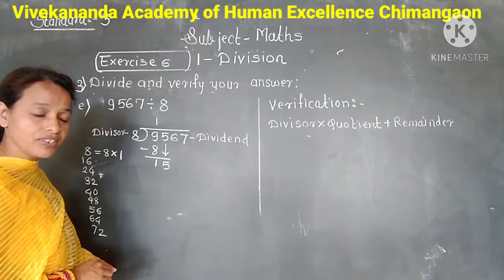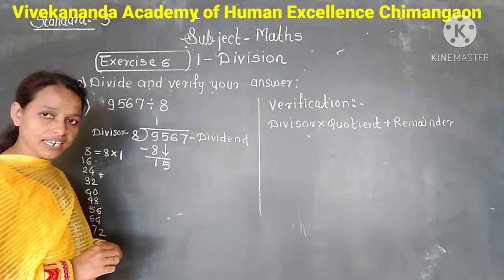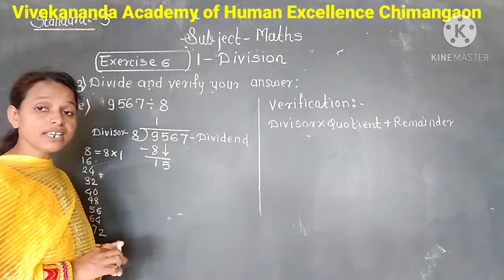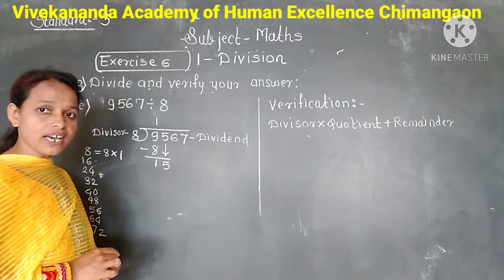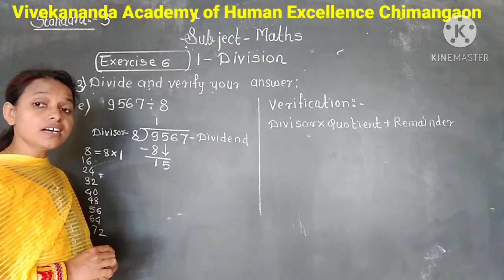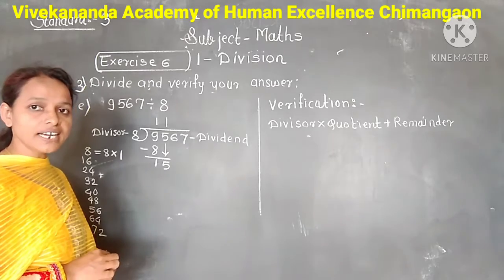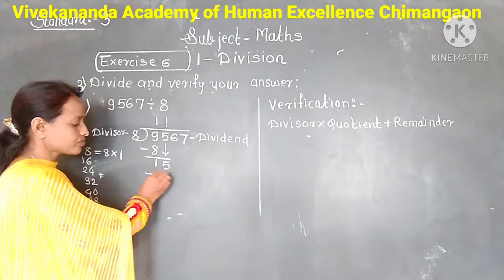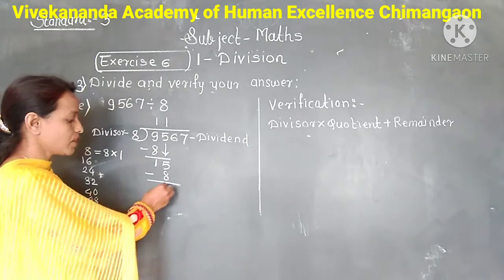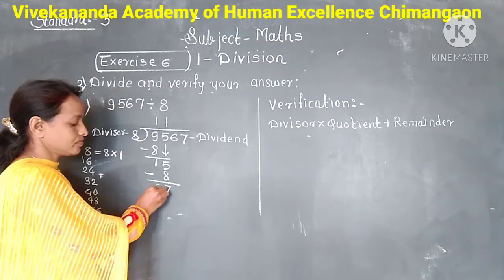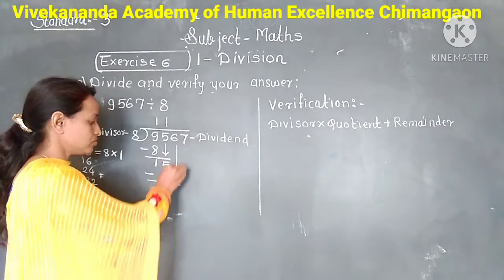So less than 15, 8, and 8 comes in first place. 8 ones are 8. So here we divide 15 by 8. It gives 1 as a quotient. So write 1 as a quotient in the 100 place. And write the product 8 right below 15. And subtract, it gives 7. Now next digit 6 we bring down.